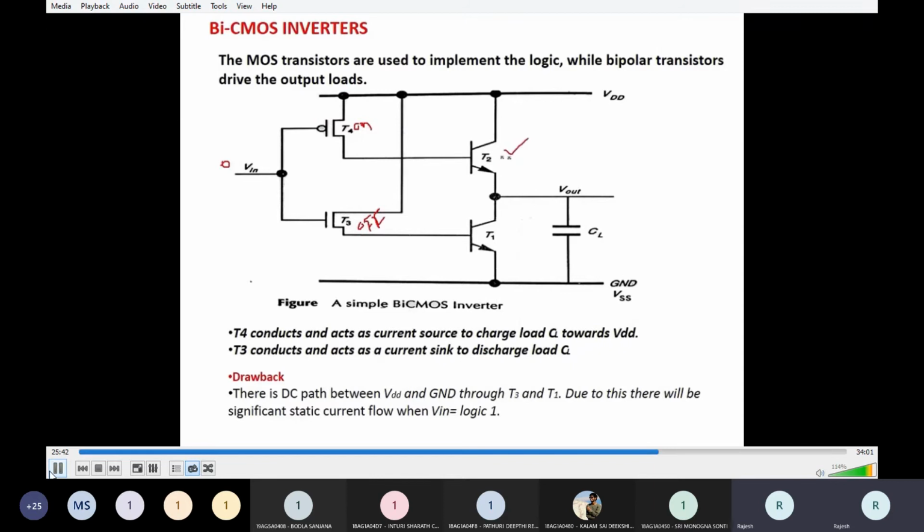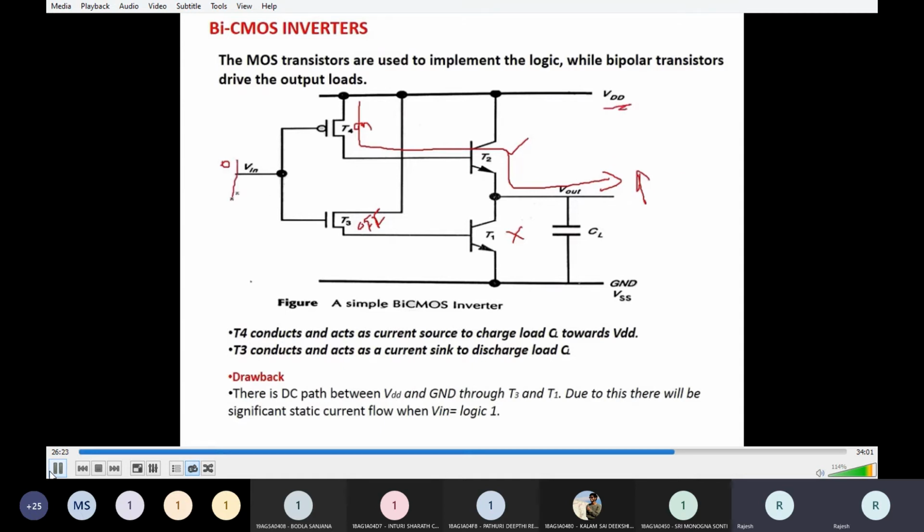Hence this T2 becomes on. T3 is off, it is off means it is open. Whenever T3 is open, T1 becomes off. So in this case, current flows through T4, through T2, to the output terminal. So like this, a path exists to the output from VDD. Hence the output goes high, or the capacitor charges to VDD. You will get high output.